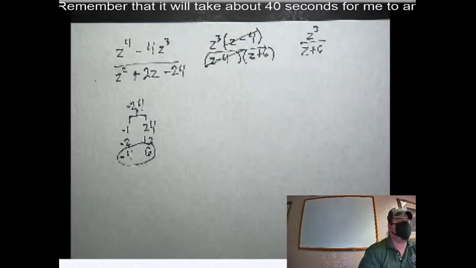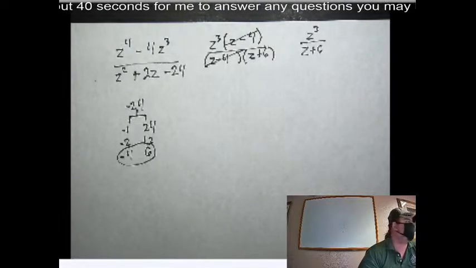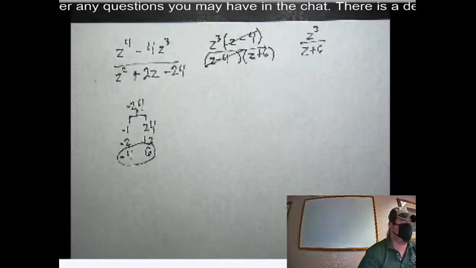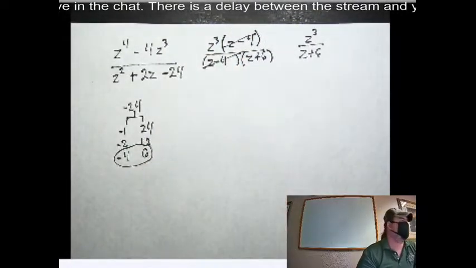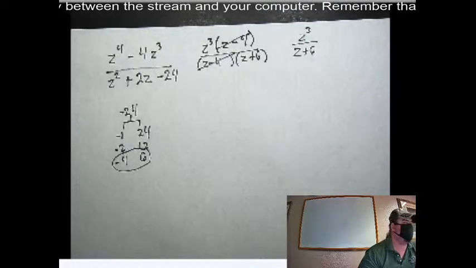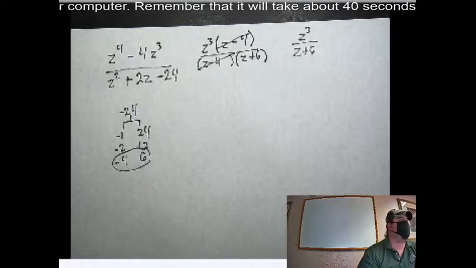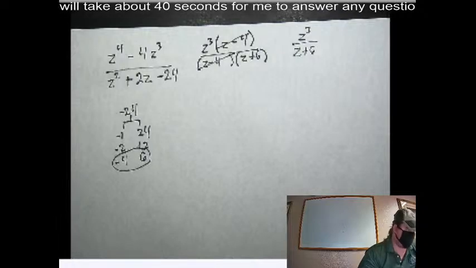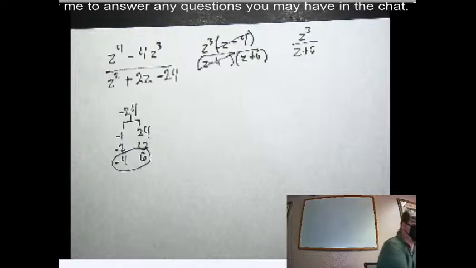So where do we get excluded values? What two factors are going to give us excluded values? Look back over here. Which of these factors? Let me ask you this. What part of the fraction cannot be 0? The bottom. So z plus 6 is one of them that cannot be 0.